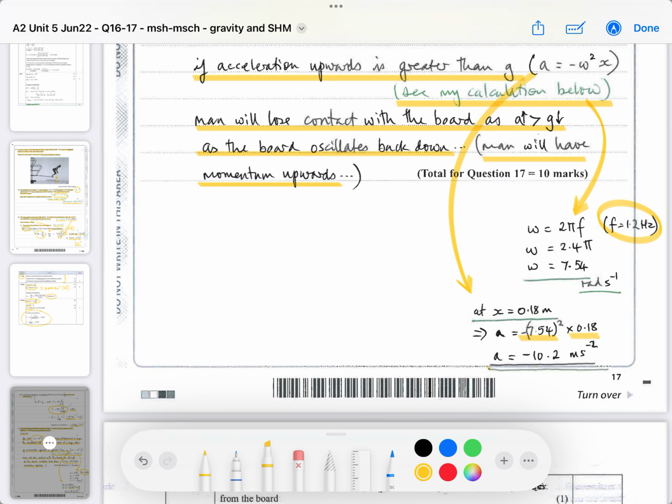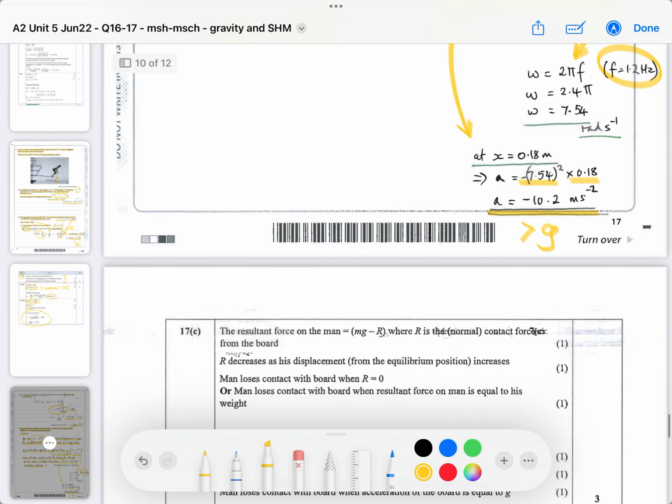Multiply by that, you can see the acceleration is greater than g, and therefore the acceleration upwards is greater than g, therefore the man will lose contact with the diving board if they push it down 18 centimeters, okay?